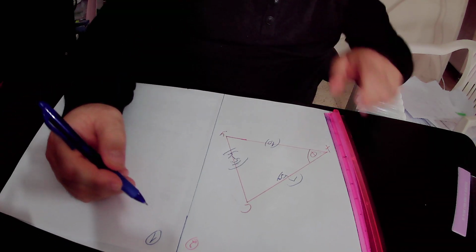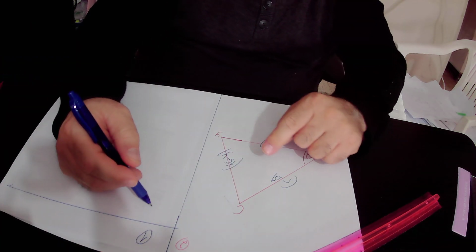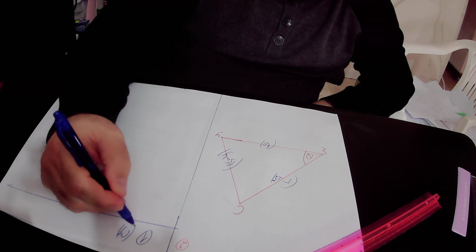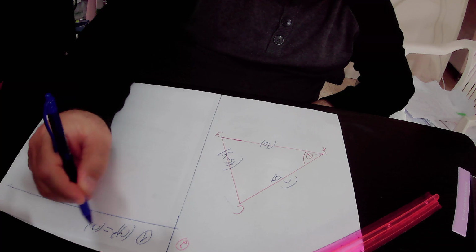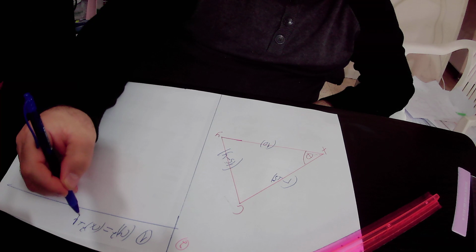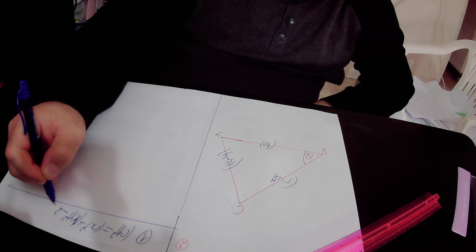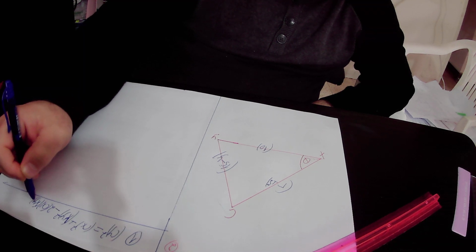We will get that CY squared will be equal to CX squared plus XY squared minus 2 times CX times XY times cosine theta.